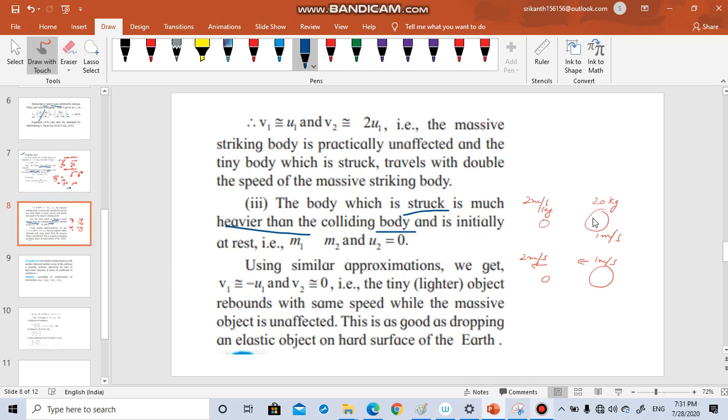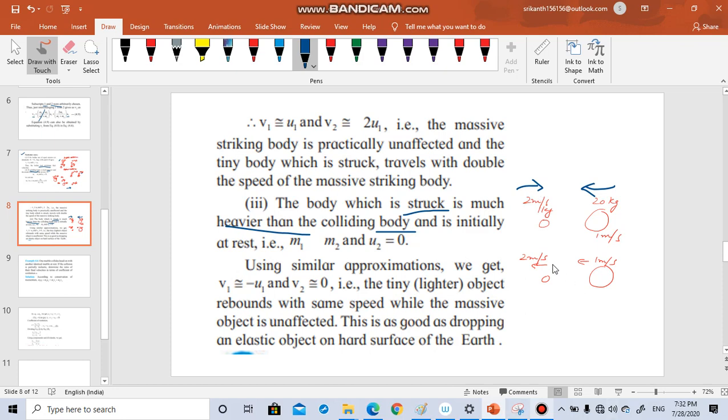Whenever a small body hits a big body, there is practically no effect on the big body. The big body goes on as it is, in the same fashion. Let us say the big body is coming like this. Since we are talking about head-on collision, and the small body is going like this, head-on collision will occur only when they are traveling in opposite directions.